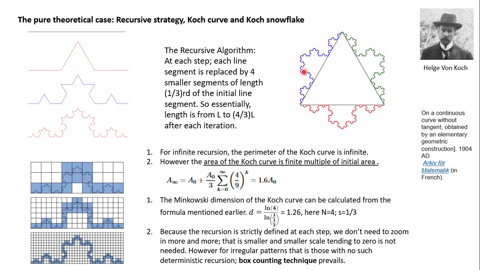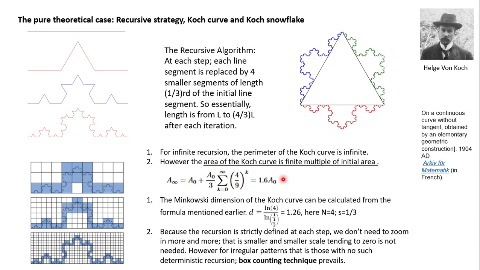If you do it on a triangle, we get what is called the Koch snowflake. For infinite recursion, we can see that the length L goes to 4/3 of L, which increases by a factor more than 1. So essentially the perimeter of the Koch curve is infinite. However, the area of the Koch curve is finite.